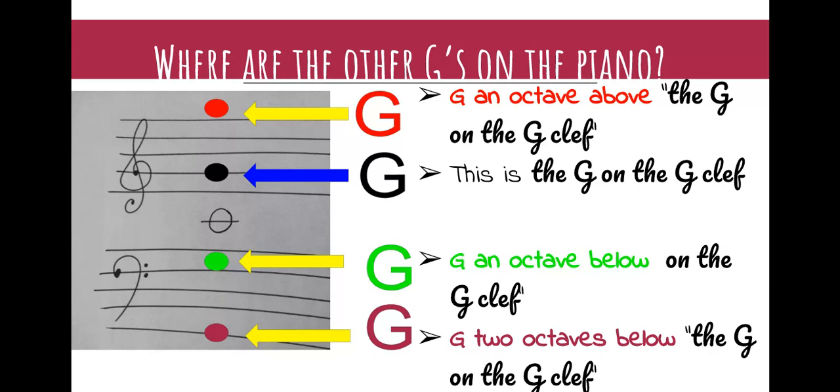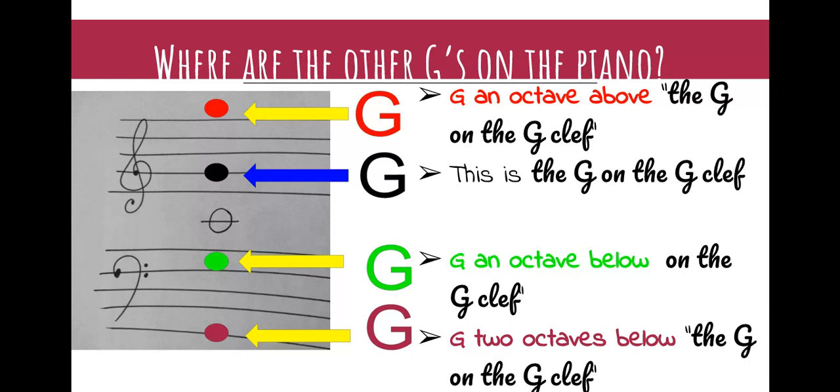Then if you go back to the treble clef, you've got a G coloured red that sits above the fifth ledger line, and that's 1 octave above the G from the G clef. And you'll notice that if you go just down below middle C, you'll see the other G, coloured in green, which is just on the top space, just below the fifth ledger line of the bass clef.